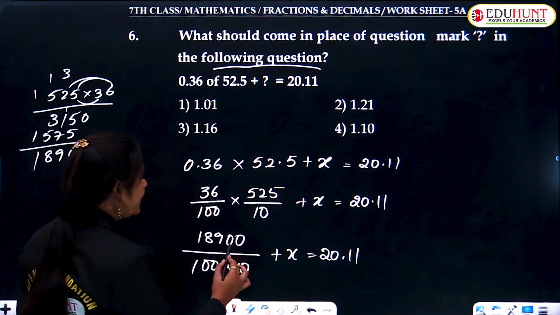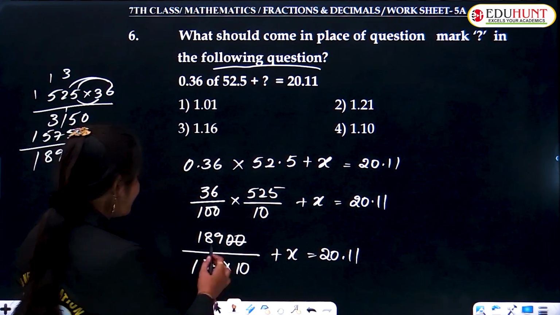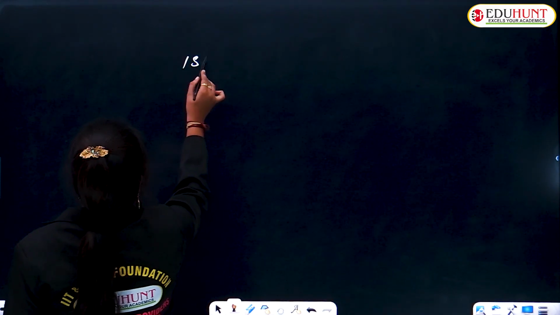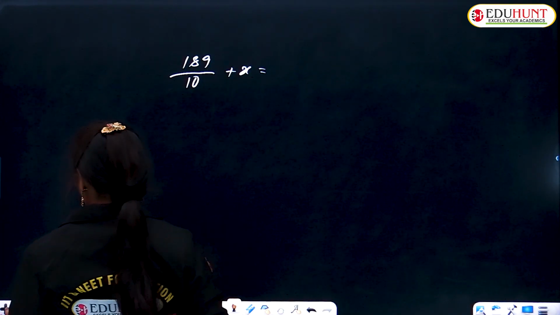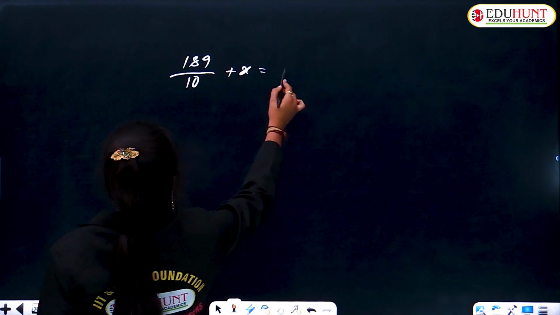Now here two zeros get cancelled. Understood? Now from this one, 189 by 10 plus x is equal to 20.11.